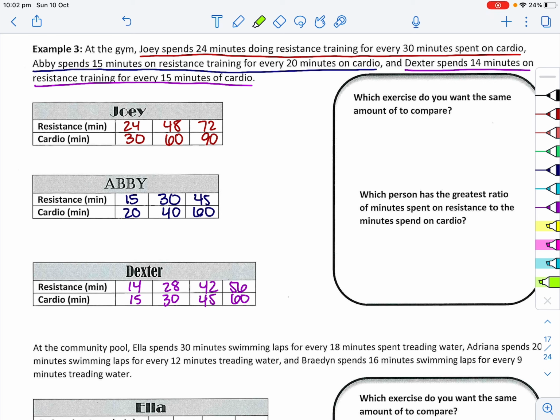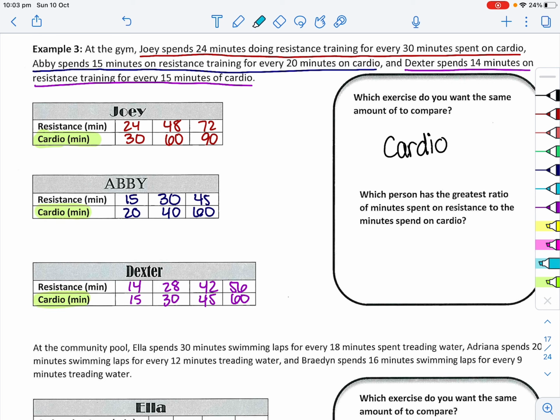So we are looking for the greatest ratio of minutes of resistance to minutes of cardio. So we are looking for cardio to be the same. So if I look in my tables, I'm looking for where cardio is the same.